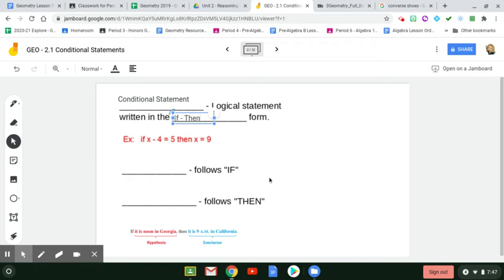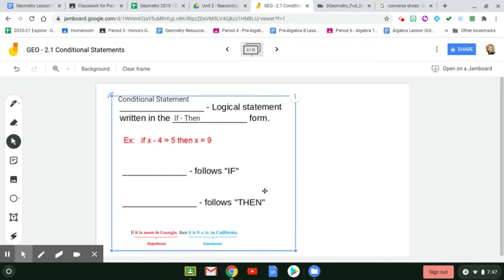So here's an example. If x minus 4 is equal to 5, then x is equal to 9. There's always going to be an if in the problem, and then there's always going to be a then.